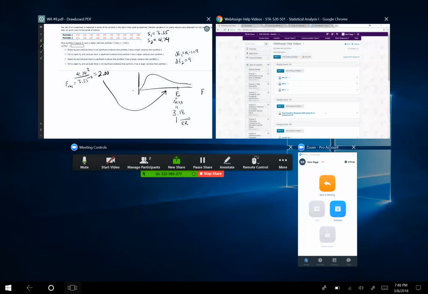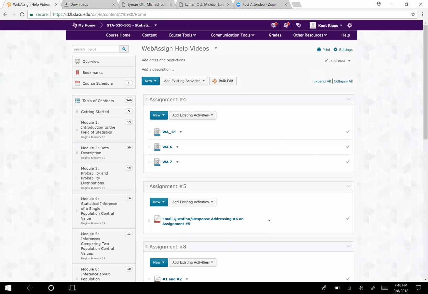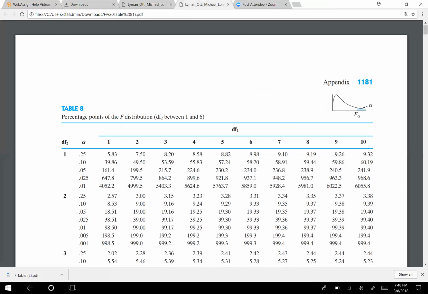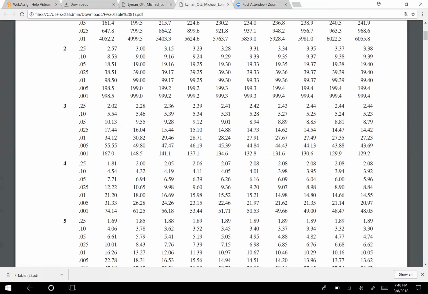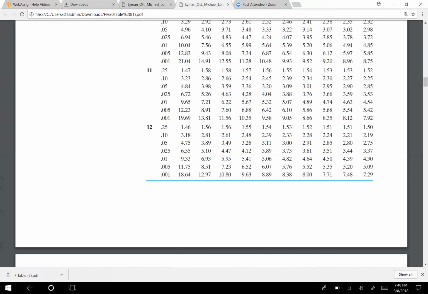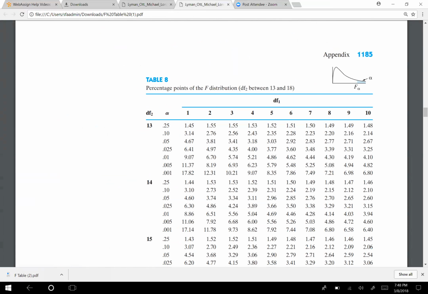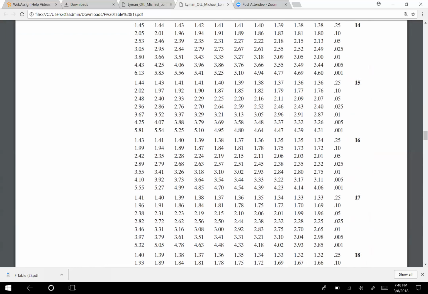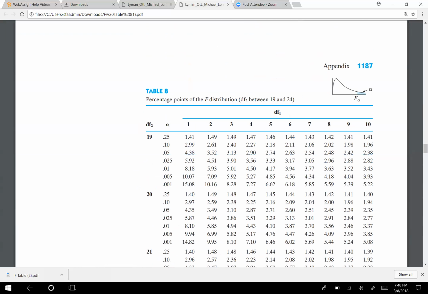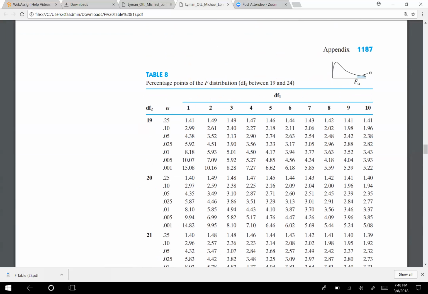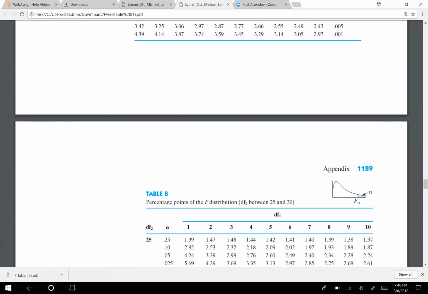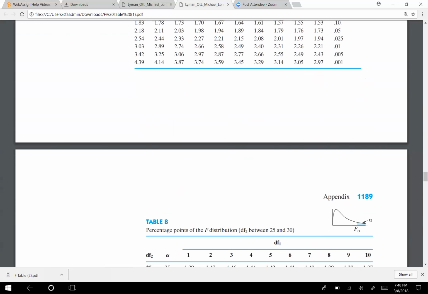So degrees of freedom are 9 and 9, and the alpha is 0.05. Is it on an earlier page?